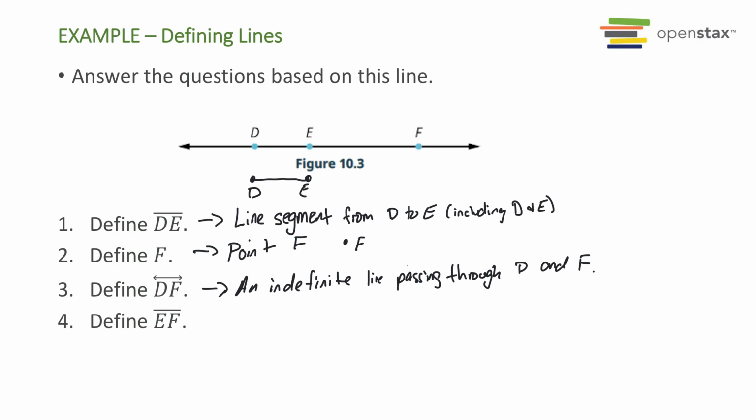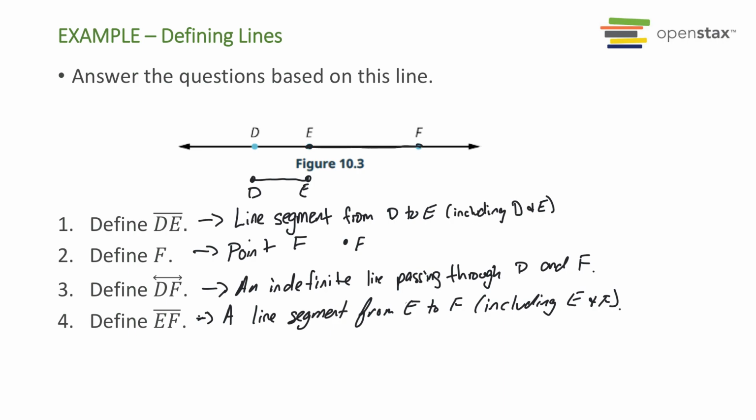And then finally we have EF, and this is just a line segment from E to F, including E and F. So that would be what those definitions are, or what those symbols define on each of those.